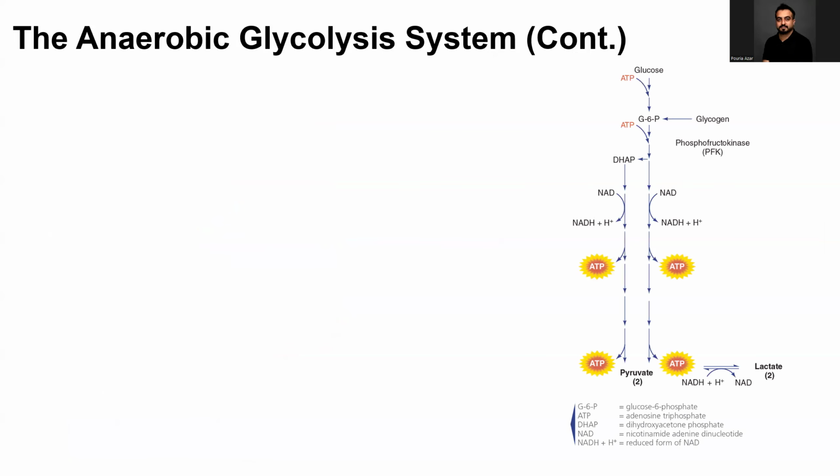So here in this figure on the right side of the slide, as you can see, we have glucose, which is the starter of the anaerobic glycolysis system. And from glucose, instead of creatine phosphate, which was one chemical step, we have a few steps here for the glycolysis system.